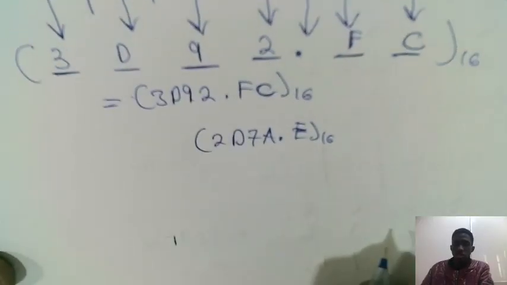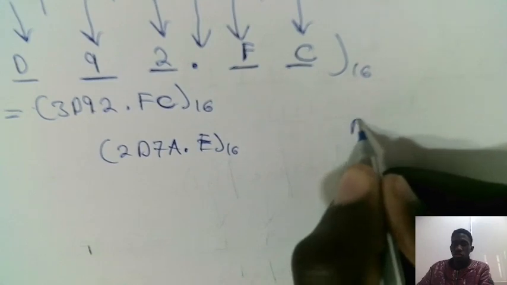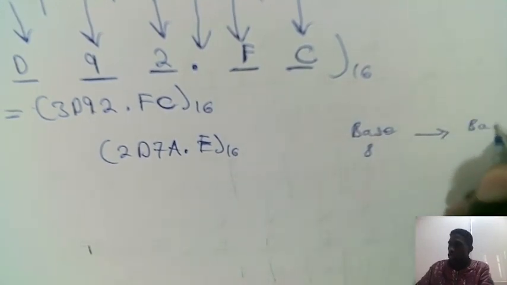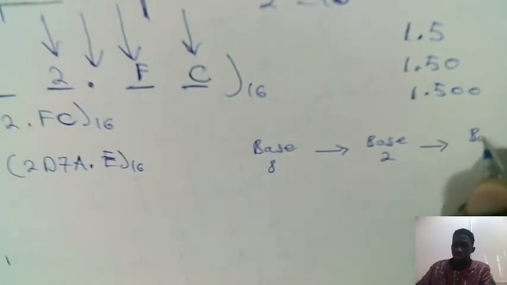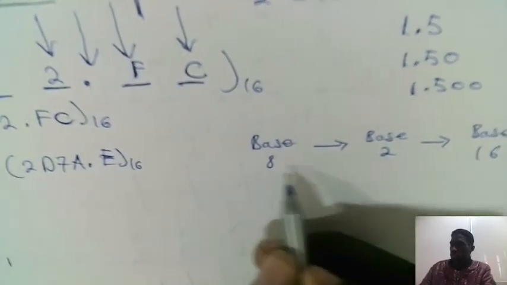We know that we can draw a pattern here from base 8. We can go to base 2, and from base 2 we can move on to base 16. As easy as that. From base 8 to base 2 to base 16.